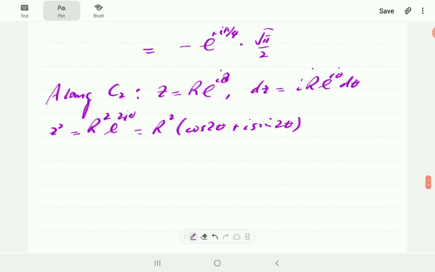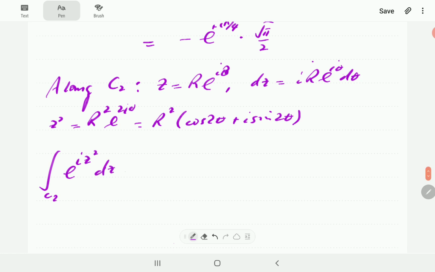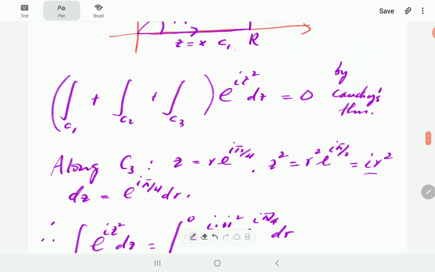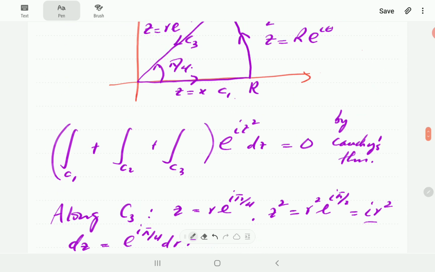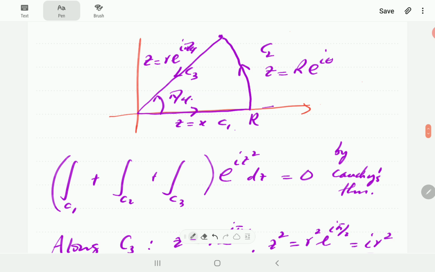So the integral along C2 of e to the i z squared is going to be equal to, now along this contour theta is varying from 0 here to pi over 4 there.